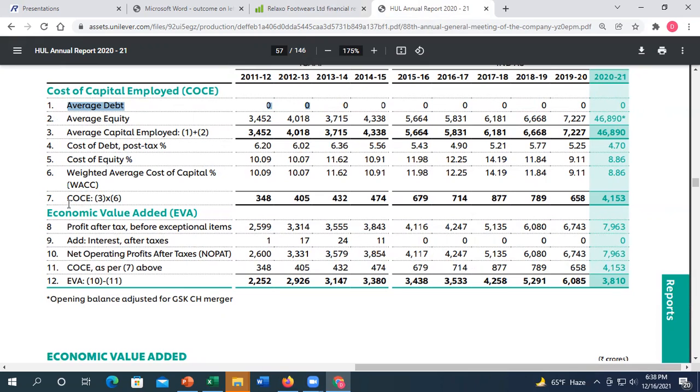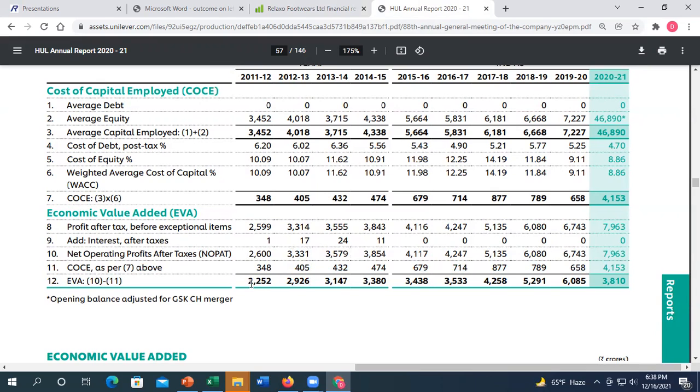So cost of capital, or cost of capital employed, or cost of invested capital, and the net operating profit after tax, NOPAT, are used to calculate EVA. And what did we see here?